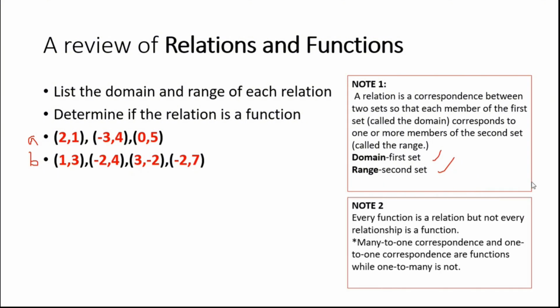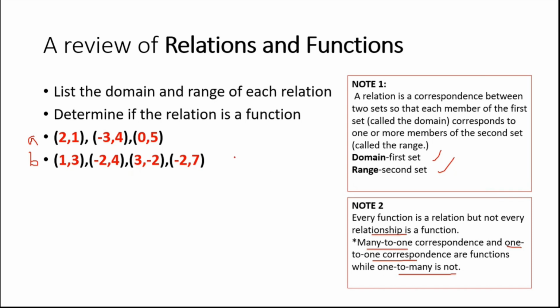Another thing is that every function is a relation, but not every relation is a function. Take note of this: many-to-one correspondence and one-to-one correspondence are functions, while one-to-many is not.